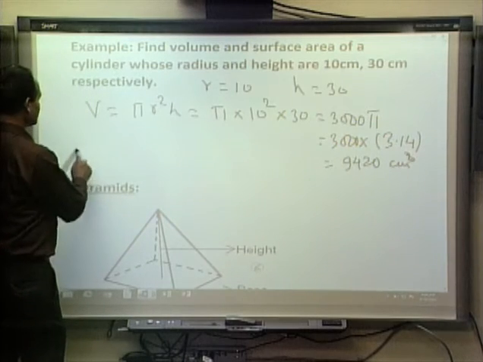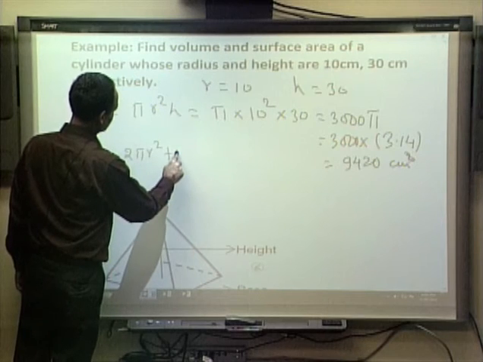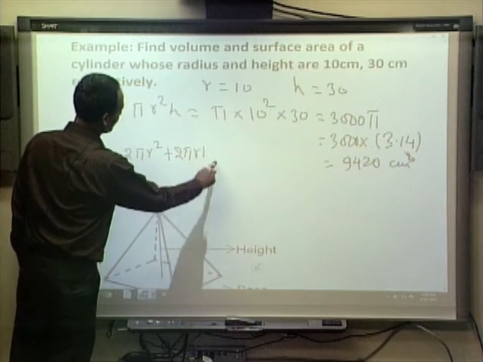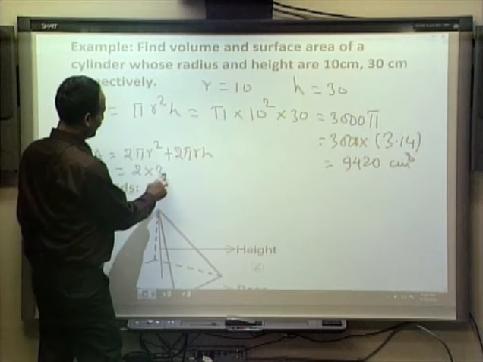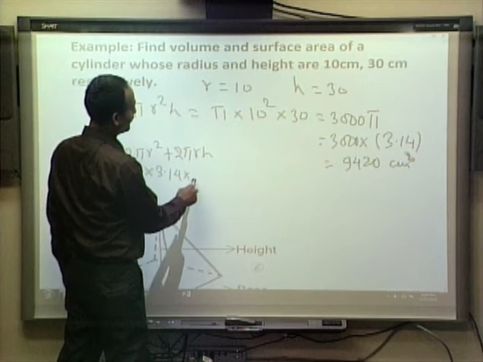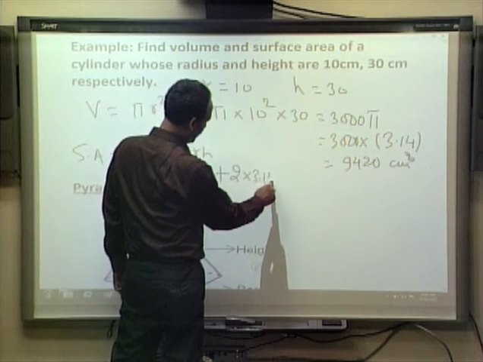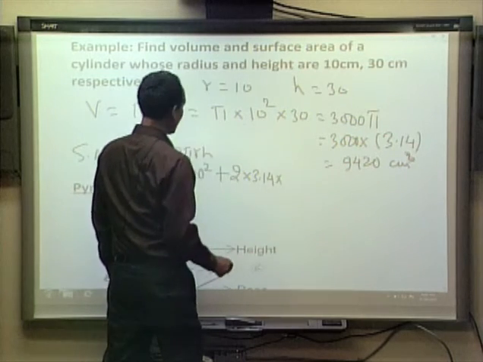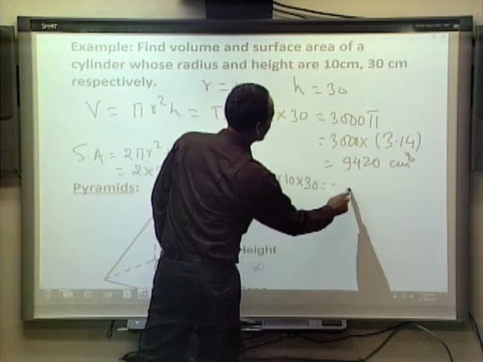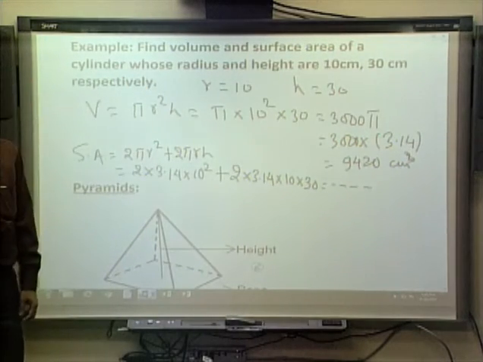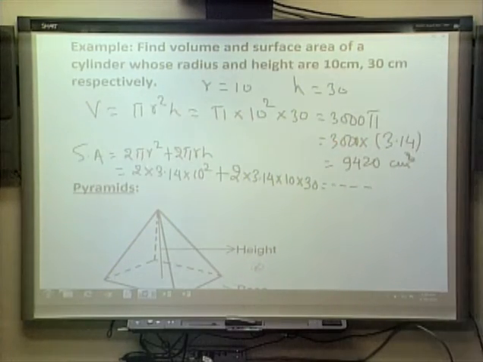Now, the surface area is given by 2 pi r square plus 2 pi r h. This is the same thing as 2 times 3.14 times 10 square, plus 2 times 3.14 times 10 times 30. I will let you do the multiplication and adding; that will be the surface area.